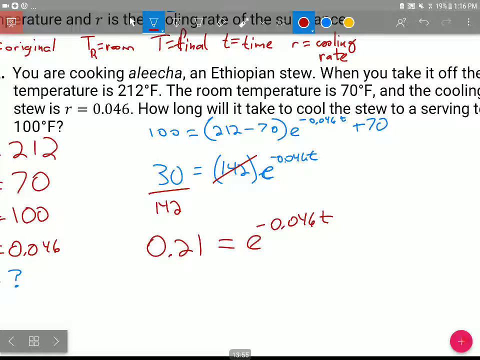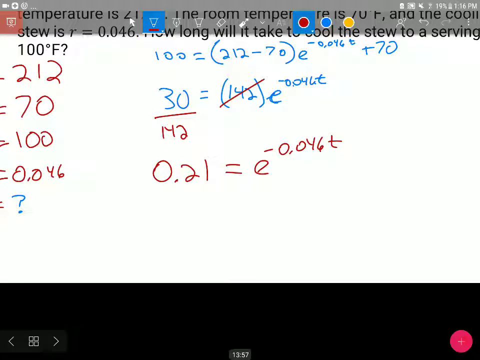All right. Now we're down to this. Once we got down to the base with an exponent, how did we get into that exponent? Yeah, you popcorn it. So what's your base in this case? e.